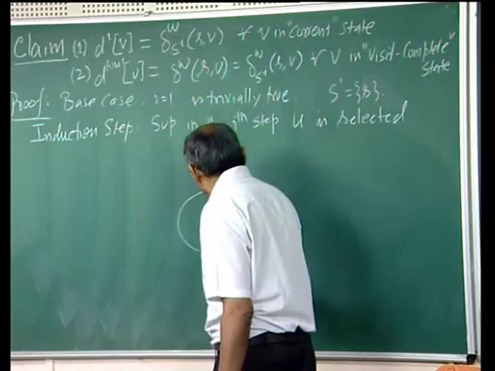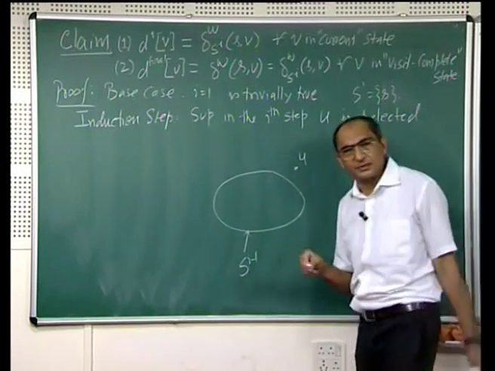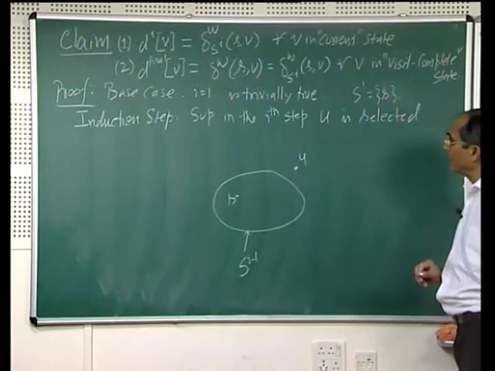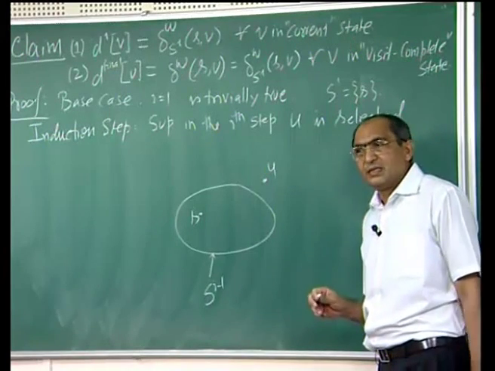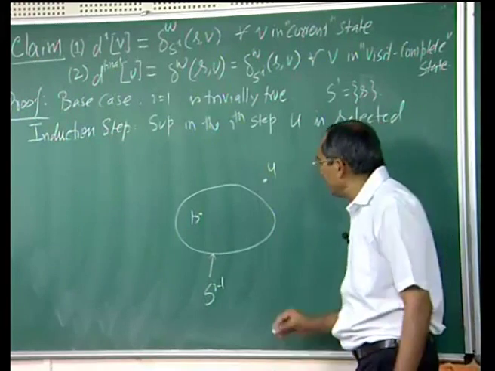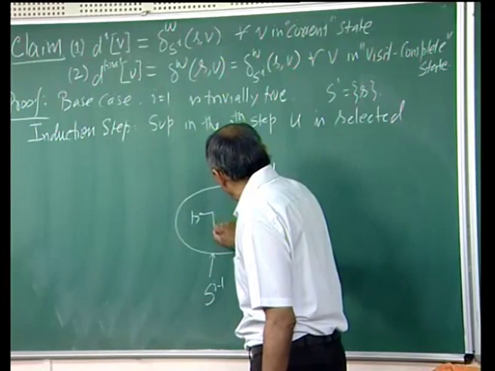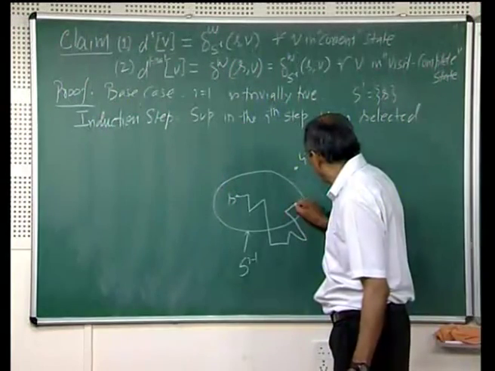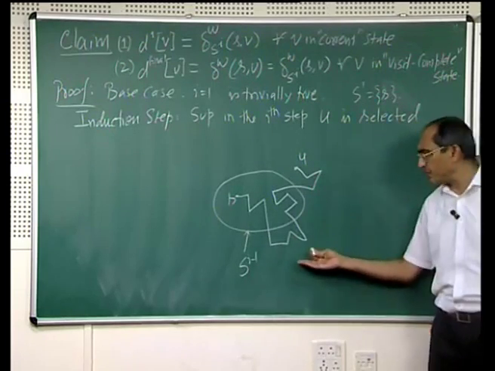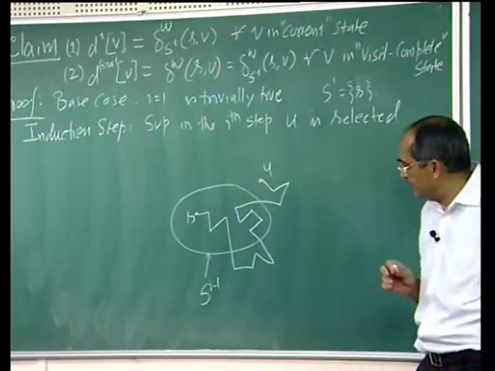This is S_{i-1}, here is U, which we have just selected, and S is inside this. Select any one of the shortest paths that go from S to U. So it might go like this; any number of times it might exit the set and enter the set. I am just picking some picture here.